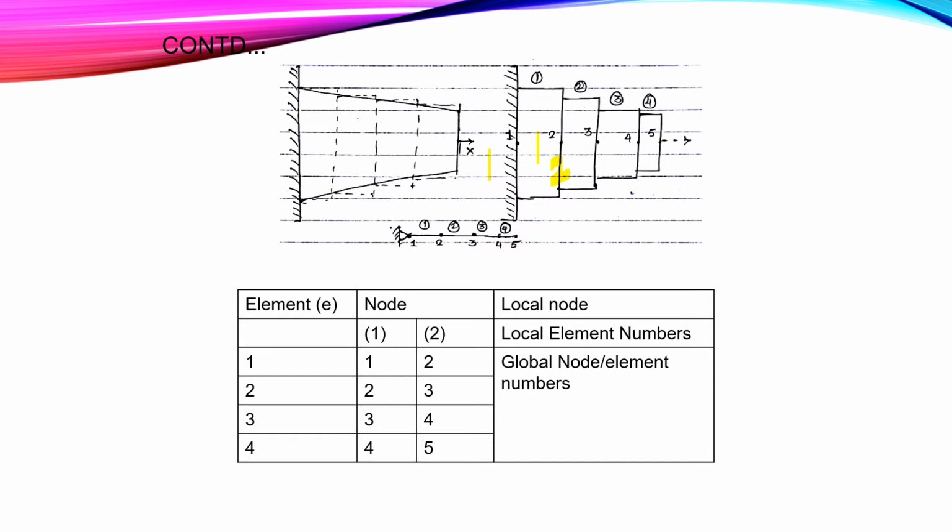For element 2, node 1 of element 2 is node 2 and node 2 of element 2 is node 3. So node numbers 2 and 3 are the local nodes for the second element, while node numbers 3 and 4 are the local nodes for the third element, and node numbers 4 and 5 are the local nodes of element 4. This is known as the discretization step.